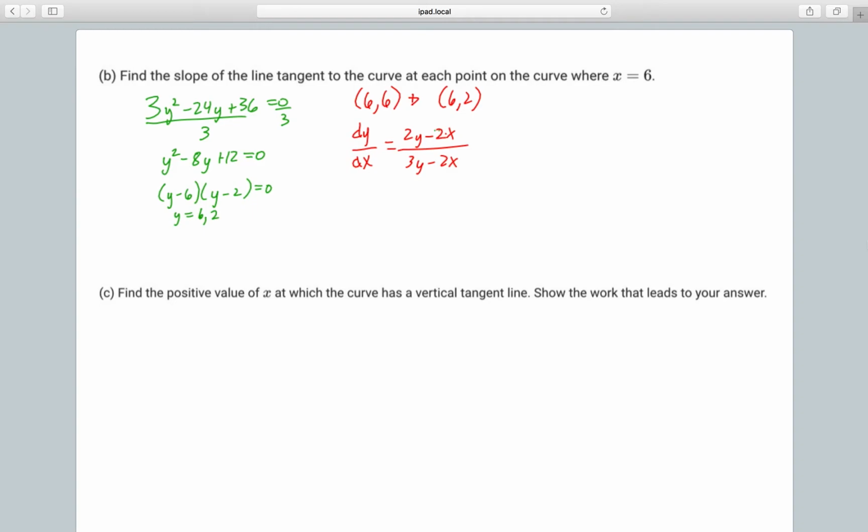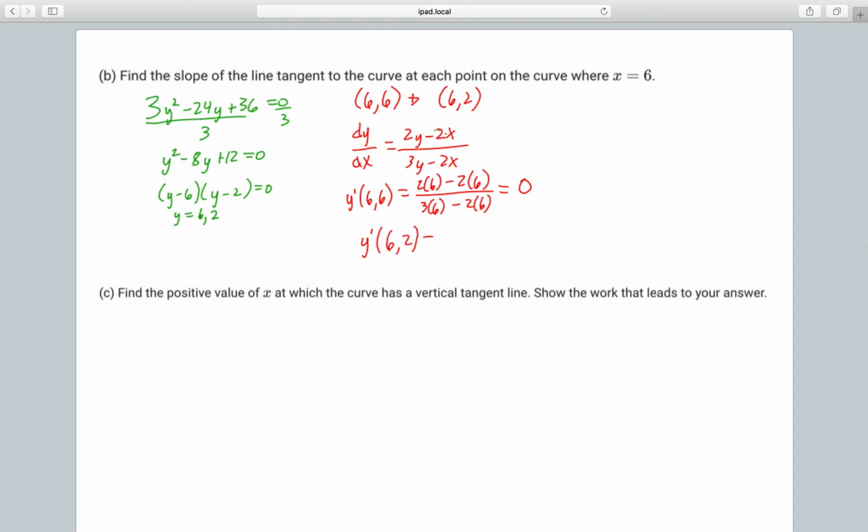So that's y prime. So let's look at y prime at (6, 6). Just function notation. So 2 times 6 minus 2 times 6 over 3 times 6 minus 2 times 6. Doesn't really matter what the denominator is as long as it's not 0, but our slope comes out to 0 there.